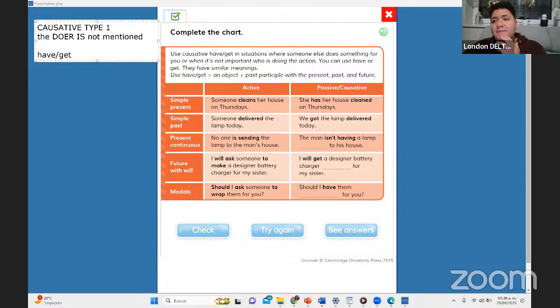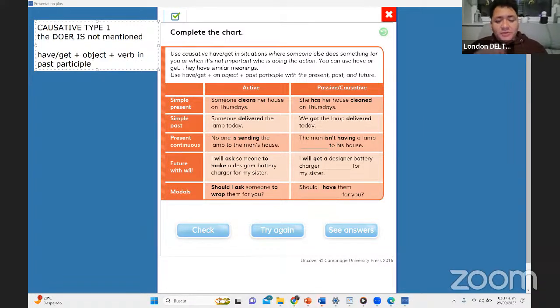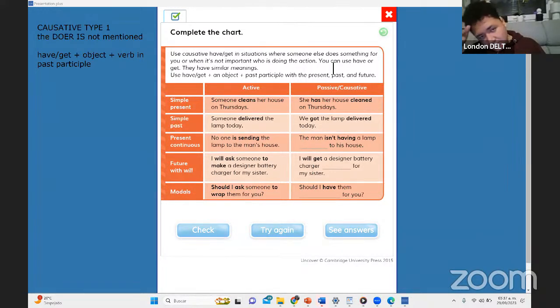Aquí más bien sería como mandar a, como en el ejemplo que les di, right? So we have have or get. Then we're going to mention the object that is affected. El objeto que es afectado por esta acción. Okay, then we mention the verb in, this is the important part too, verb in past participle. Verbo en pasado participio. Okay, that's how we make the causative type 1 when the doer is not mentioned. Okay, entonces aquí simplemente nos limitamos a decir que alguien más hace algo por ti, pero no quién lo hace.